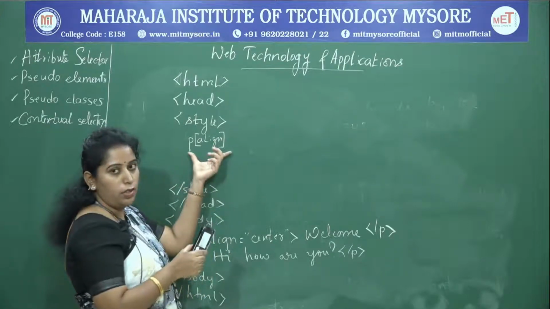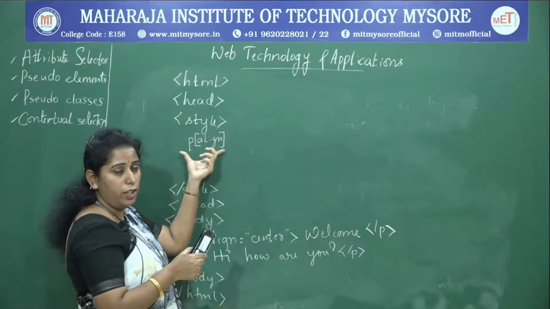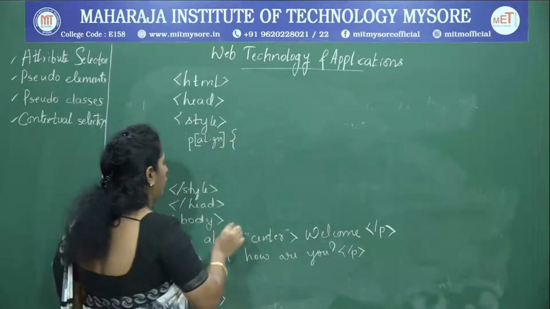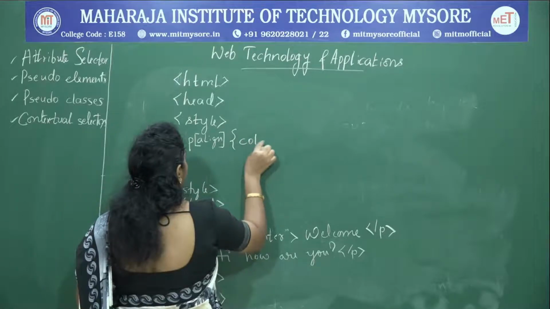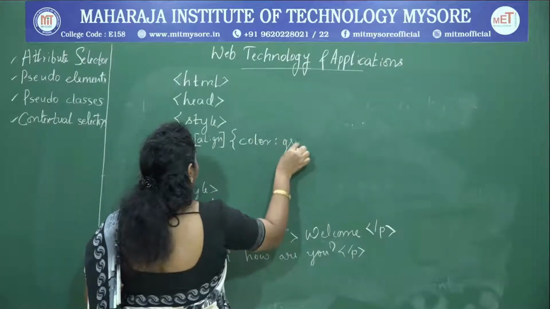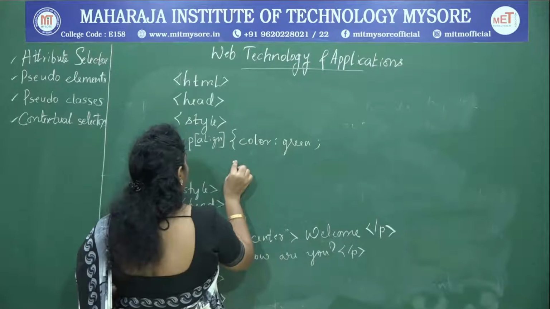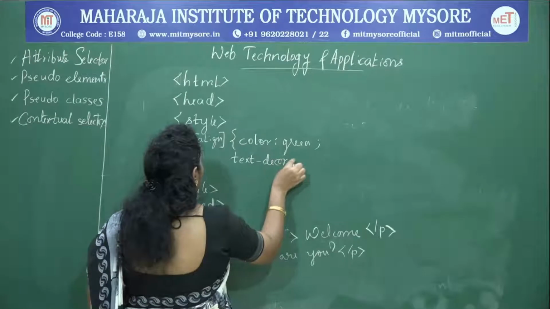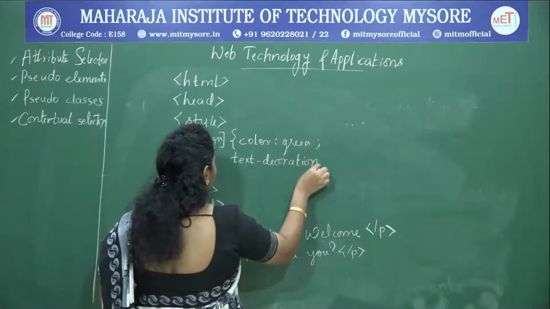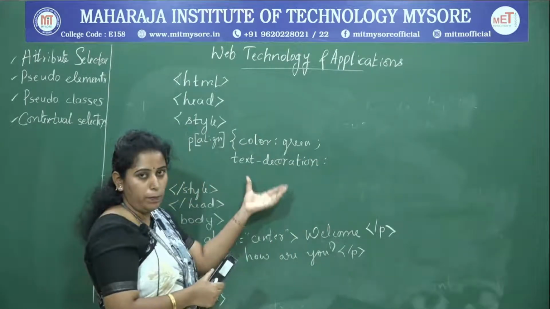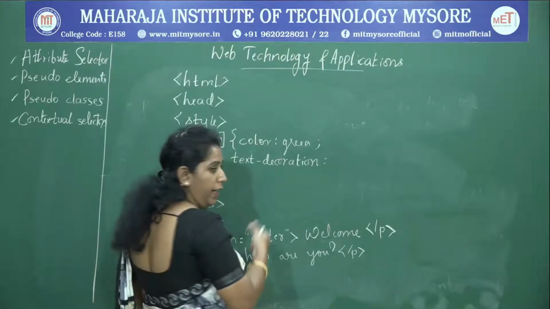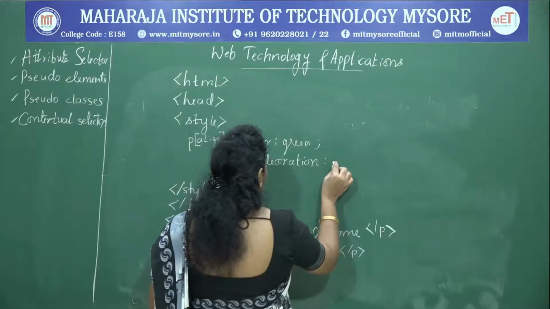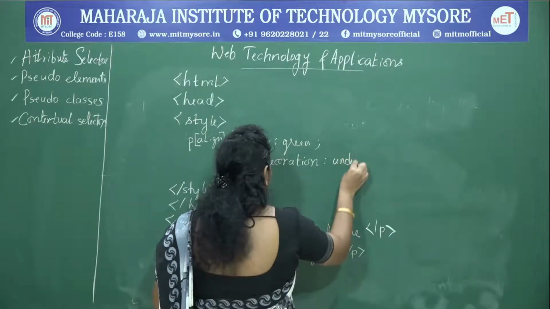So this is how you are supposed to give the style rule. Now you can set the properties. For example, color green, then text decoration. In each example I am going to use different sets of properties, so you can make use of this. Text decoration, I will give underline.